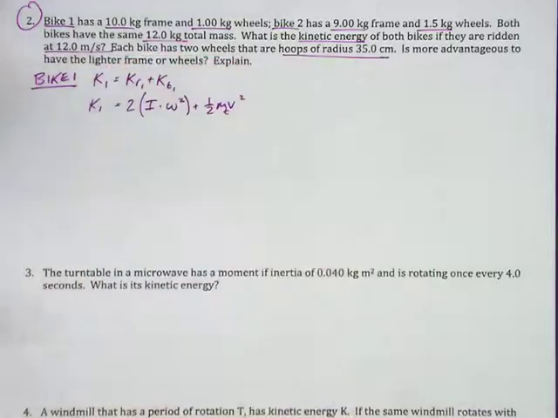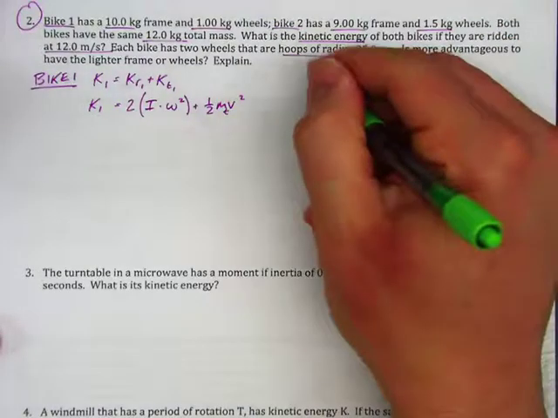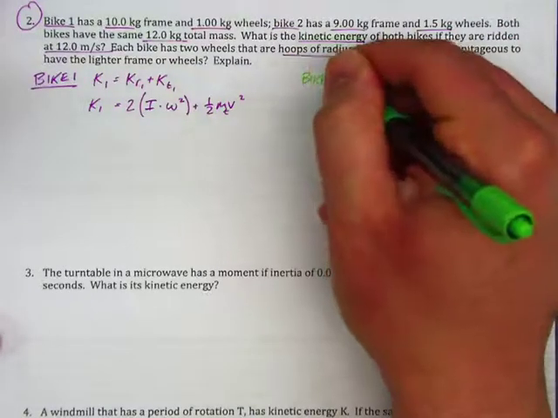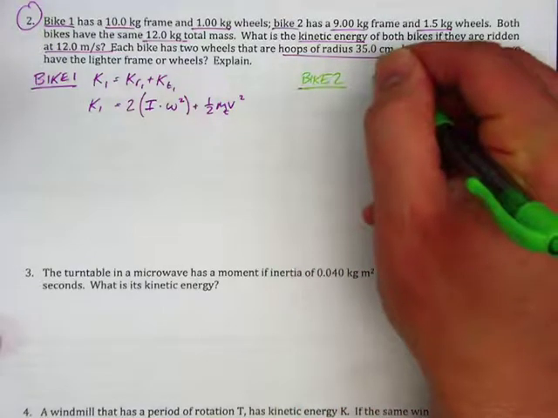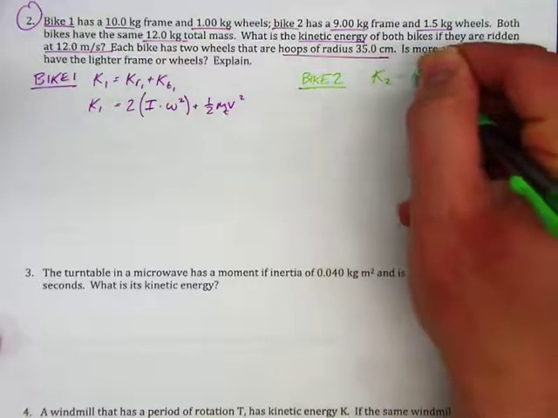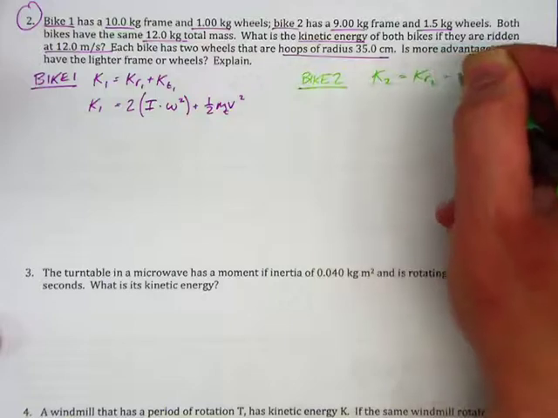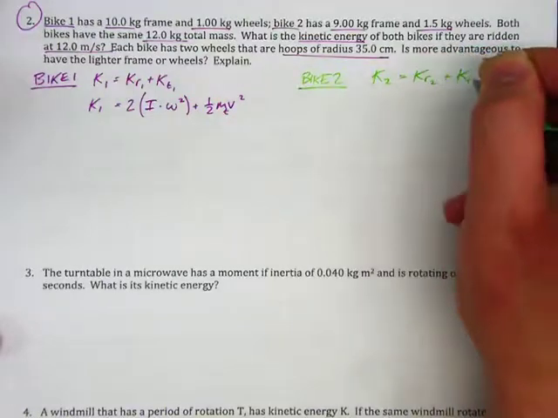Okay, now let's look at bike 2, and let's set that one up at the same time. Let's go another color, bike 2. The kinetic energy of bike 2 will be the rotational kinetic energy of bike 2 plus the translational kinetic energy of bike 2.